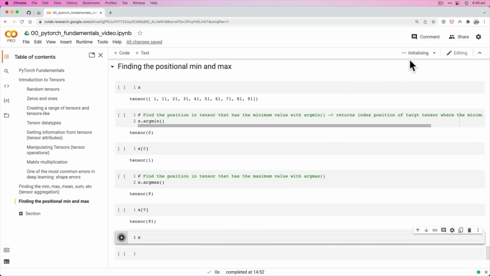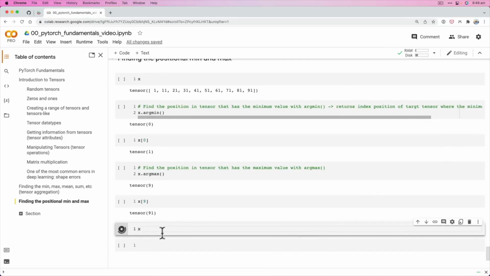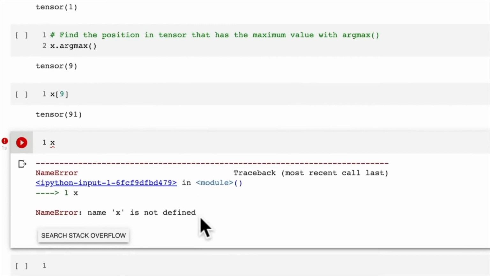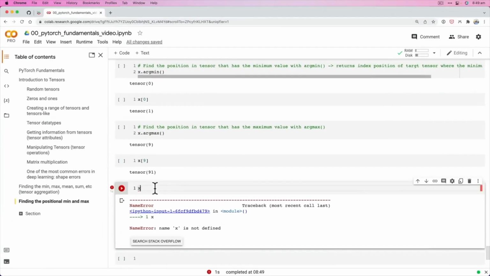It's going to try to connect, initialize, and then X is probably not going to be stored in memory anymore. So there we go, name X is not defined. That's because the Colab state gets reset if you take a break for a couple of hours. This is to ensure Google can keep providing resources for free, and it deletes everything to ensure that there are no compute resources being wasted.